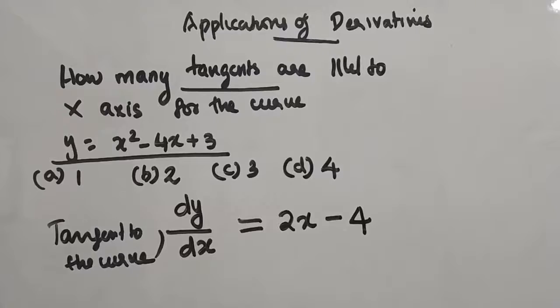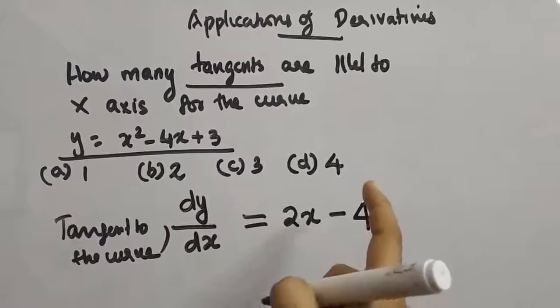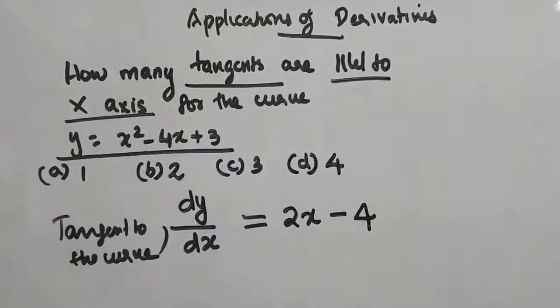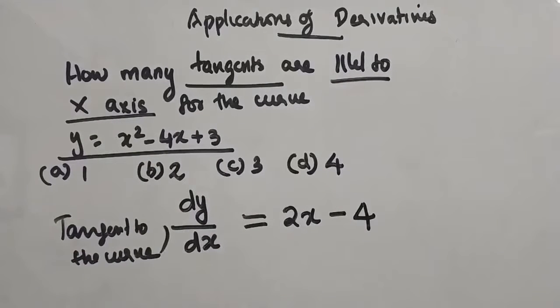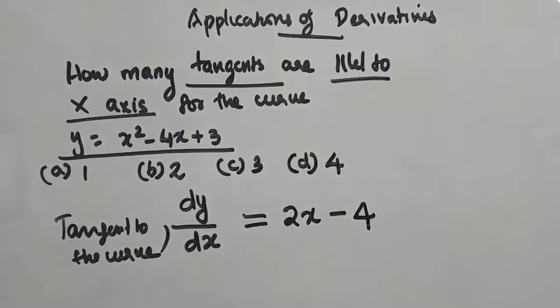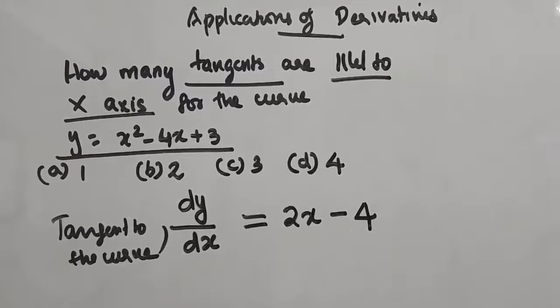Now what they are telling, this tangent is parallel to x-axis. So we know that the slope of the x-axis is 0.